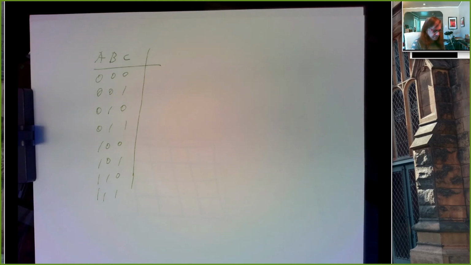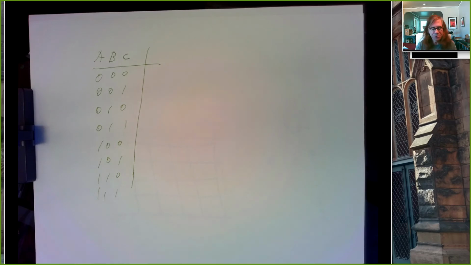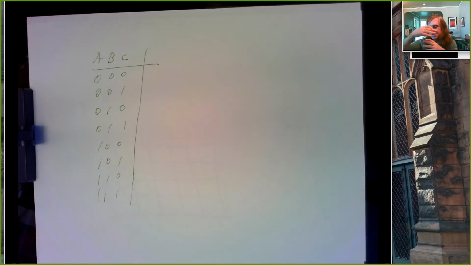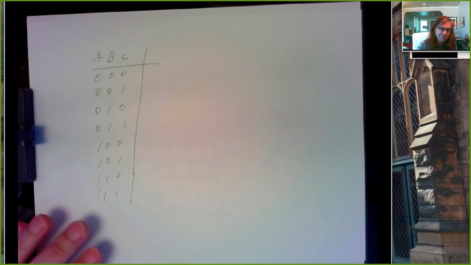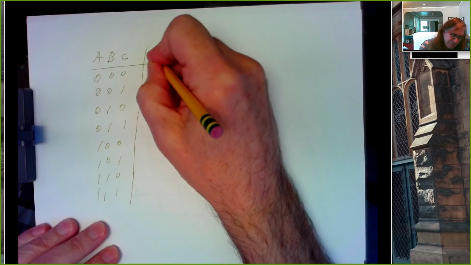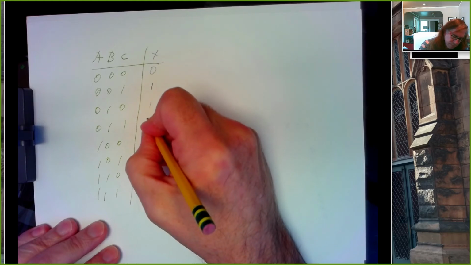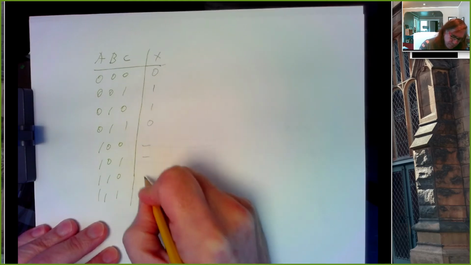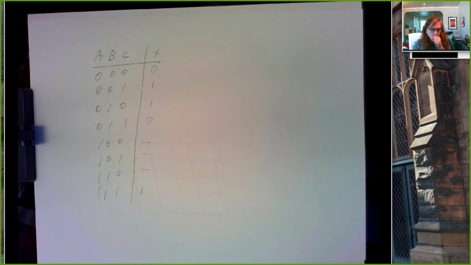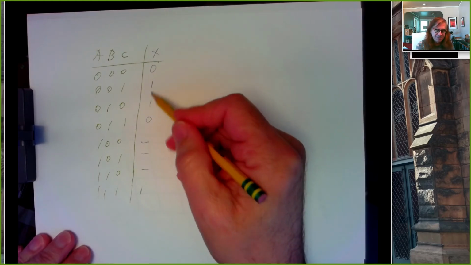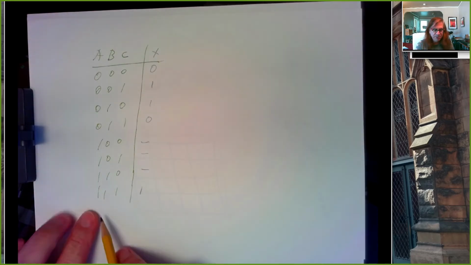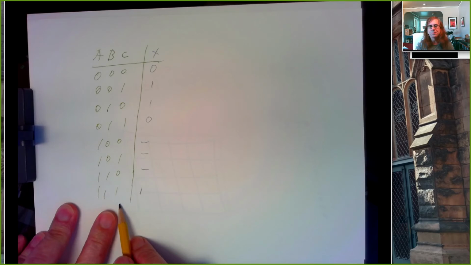suppose this is our truth table, and we do K-maps with 3 inputs, and we just do a 2x4 or 4x2 instead of a 4x4. All right, so suppose we have 3 inputs to our circuit, and we want these output values, but suppose input A is only going to happen when B and C are also 1.